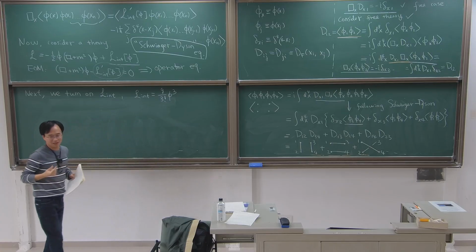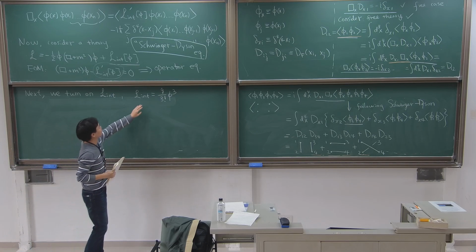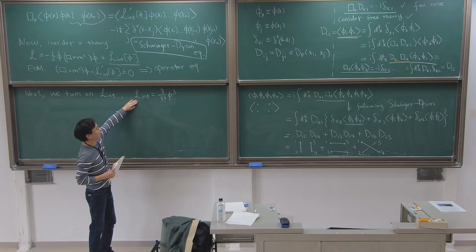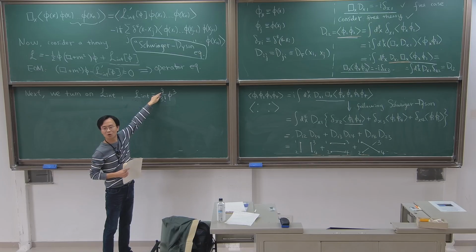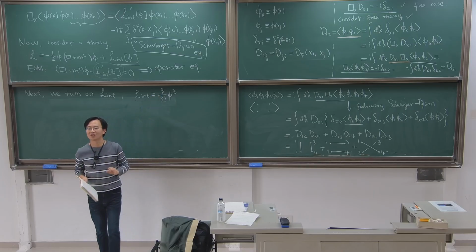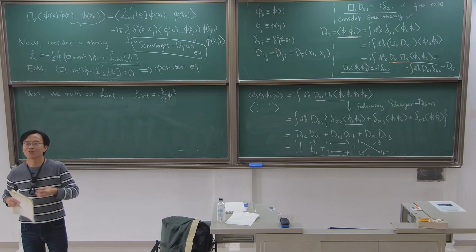Let's consider one power higher than quadratic, which is phi cubed. Let's define the interacting part in the Lagrangian in this way. This g is the so-called coupling. Coupling is prepared for the interaction.